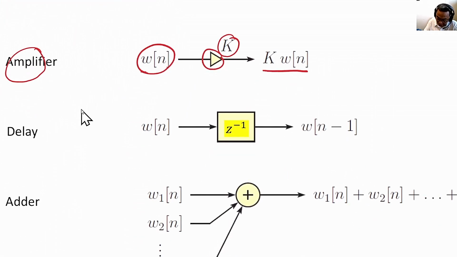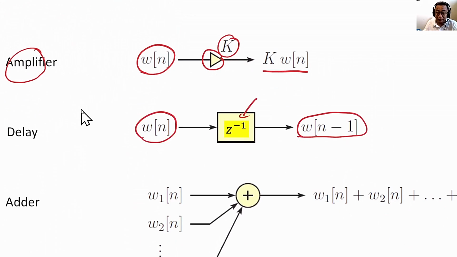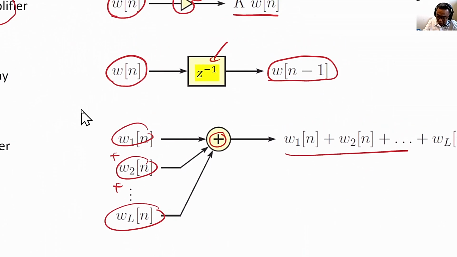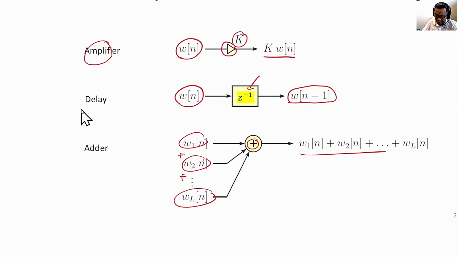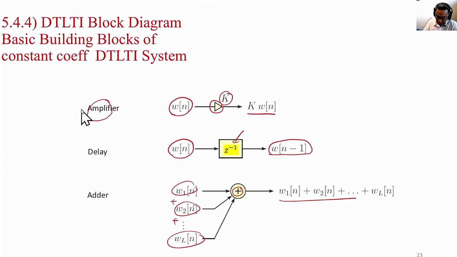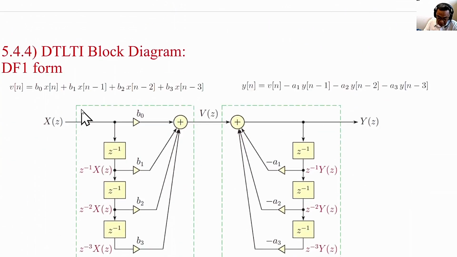When we want to delay a signal, we use z^-1, and if the input is w[n], the output is w[n-1]. And finally, we have a summer. All these are being summed up, and therefore this is the output. With these 3 block diagrams, we can realize any constant coefficient discrete time filters. Let's see an example in the next slide.